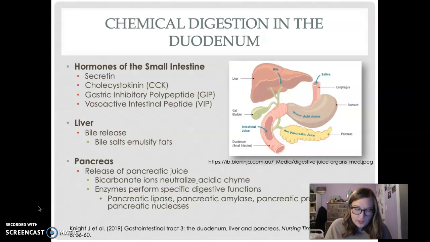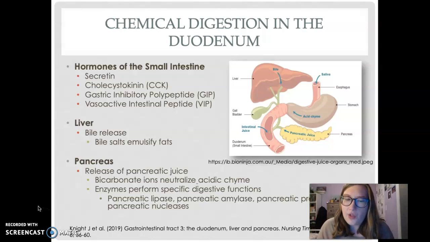The hormone secretin stimulates the production and then the secretion of bicarbonate ions by the pancreas, which makes the pancreatic juice secreted into the duodenum have a basic pH of around 8.3. This basic pH is favorable for the activity of pancreatic enzymes.